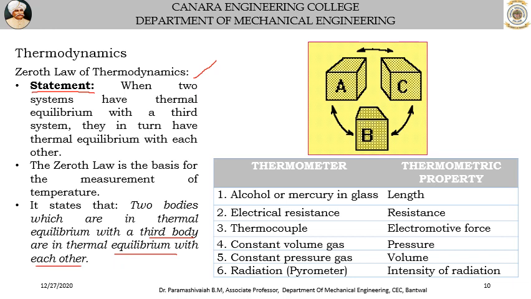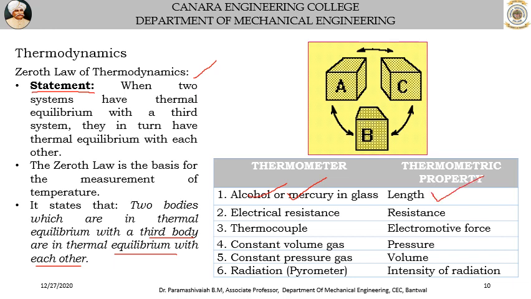Then all these thermometers, whatever thermometers are used for measuring temperatures, use this zeroth law as the basic law for measurement of temperature. So, for example, alcohol or mercury in glass, whatever the doctors use to read the temperature. The property adopted for measuring the temperature is change in the length.